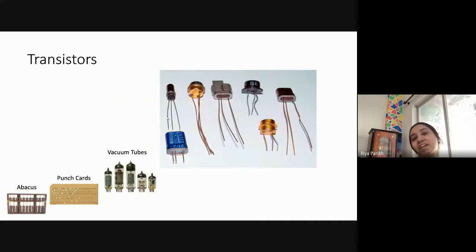Then came the transistors, and this revolutionized all of our computing architecture. I'm sure Yashoda ma'am must have shown the transistor working as a switch for 0 and 1. So you will be pretty aware of that.